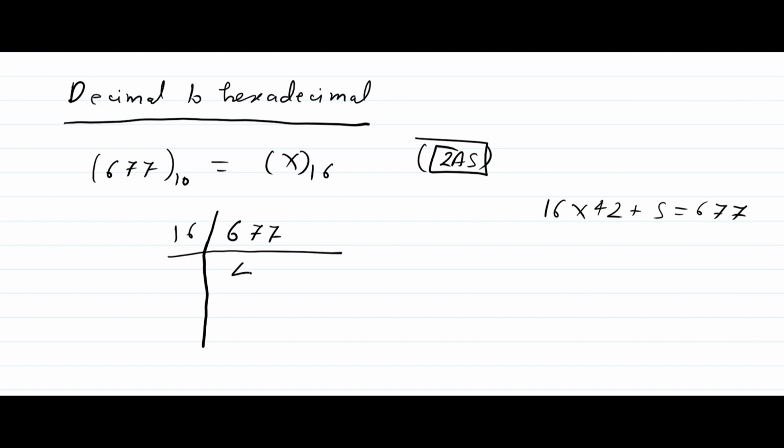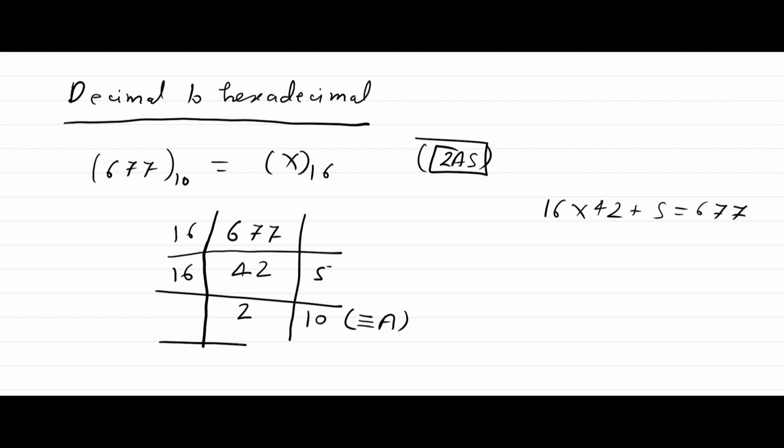So the quotient will be 42 and the remainder will be 5. Again we divide 42 by 16. 16 times 2 is 32, so 2 times, and the remainder is 10. And what is 10 in hexadecimal? 10 is equivalent to a only, right?